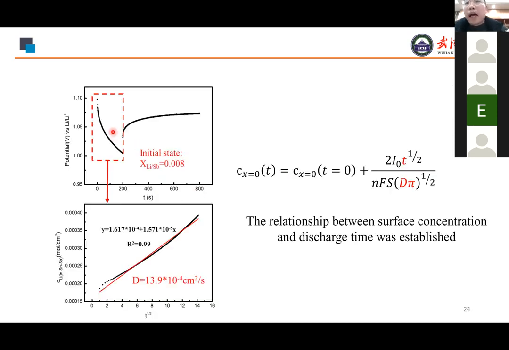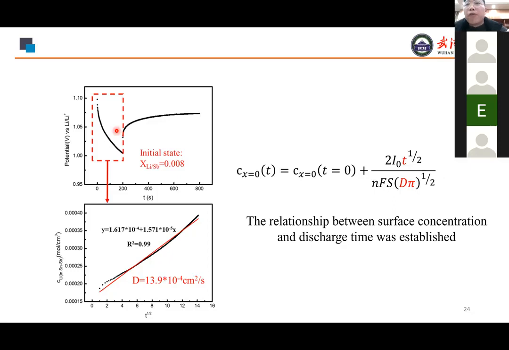This is a potential-time curve during short constant current discharge. We know that the potential of the liquid lithium-tin antimony alloy is determined by the lithium concentration on the surface.